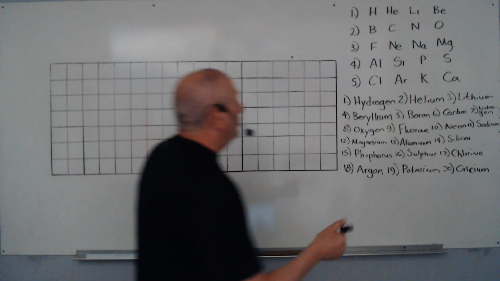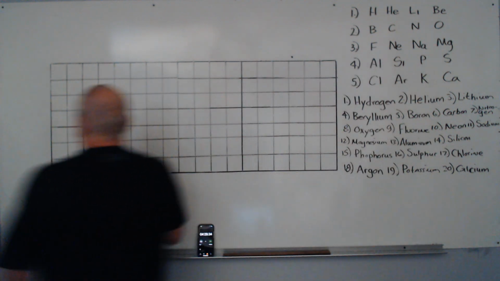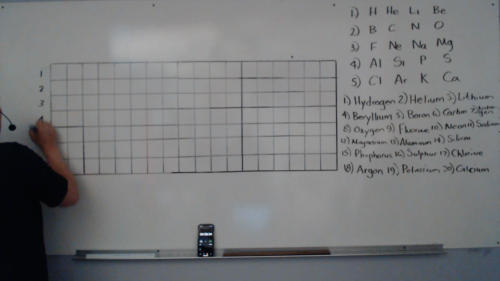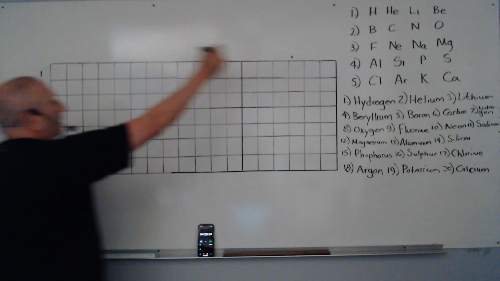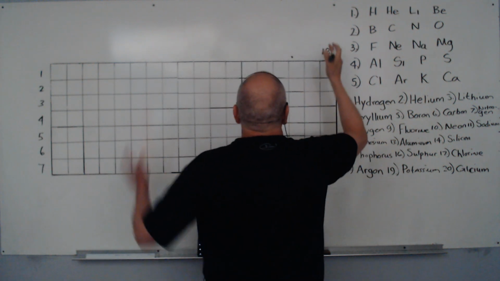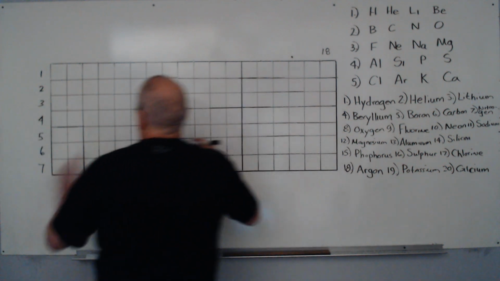Now what we can do, it took me longer to draw this grid, which is 7 by 18. So 1, 2, 3, 4, 5, 6, 7, and of course across to 18. So we have columns and rows. So we can plug this in now.